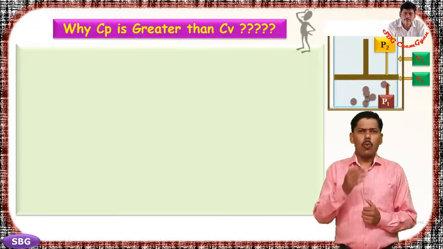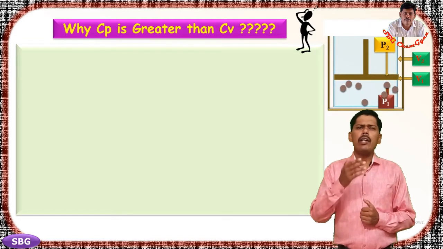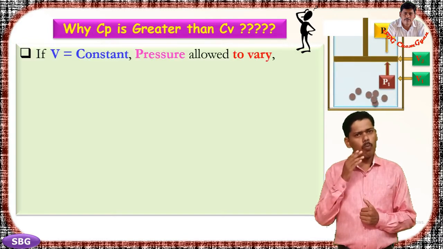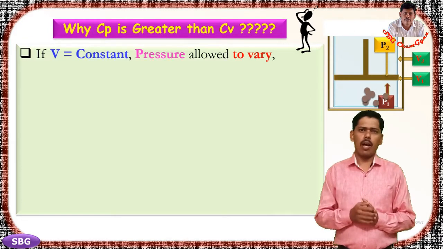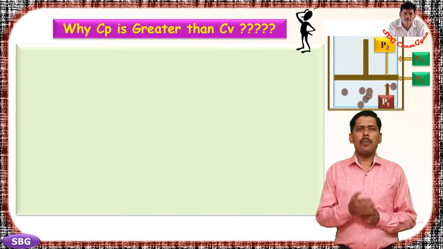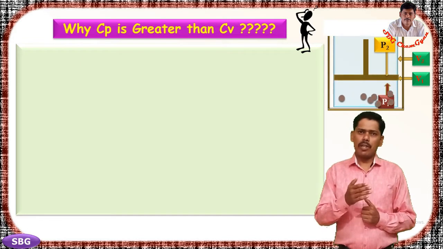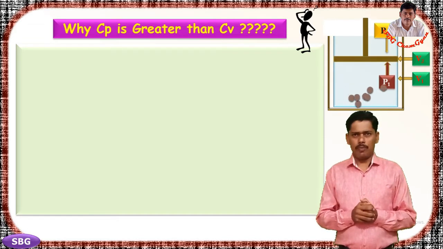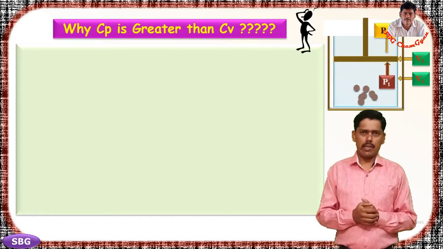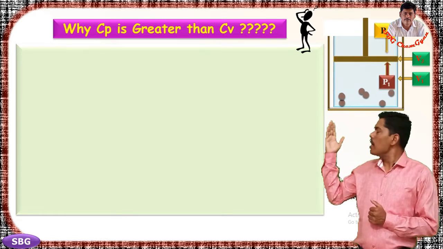Now we study the relationship between Cp and Cv, or why Cp is greater than Cv. Consider 1 gram mole of gas having a volume V in ml at pressure P in dyne per centimeter square and temperature T in Kelvin, contained in a cylinder enclosed by a piston, as shown in the animation above my head.